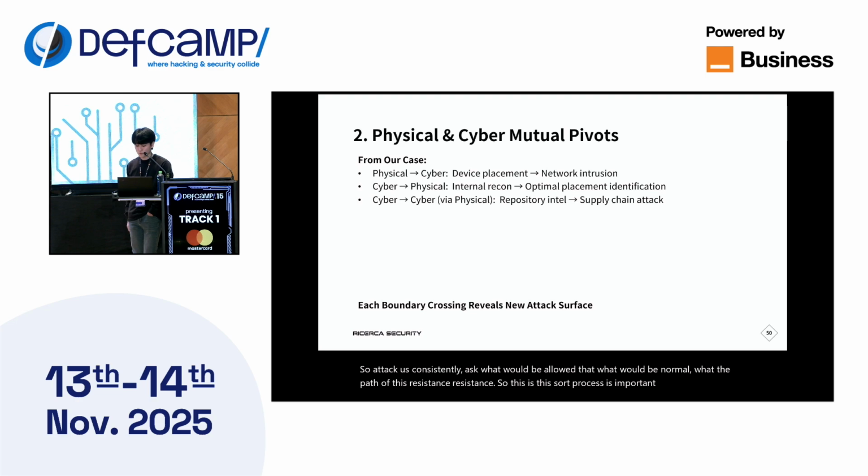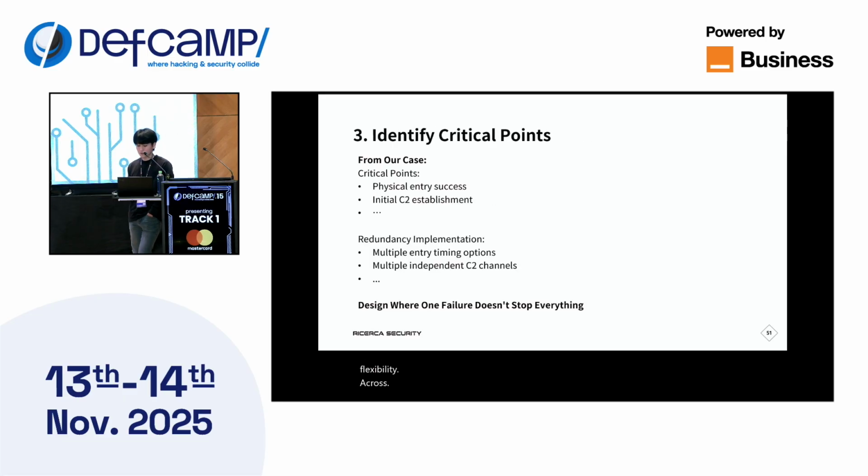And principle 2, physical and cyber mutual pivots. Each boundary crossing reveals new attack surface. Rather than sticking to a single attack vector, more effective attacks become possible by flexibly crossing boundaries. And principle 3, identify critical points.